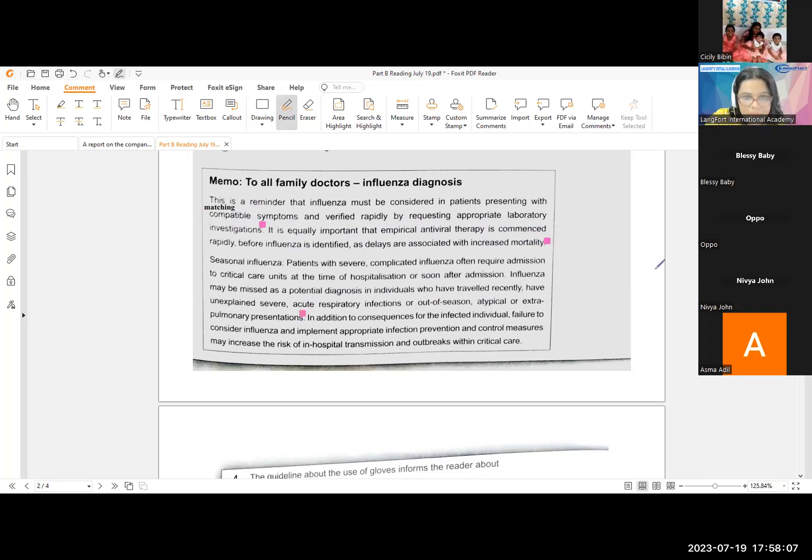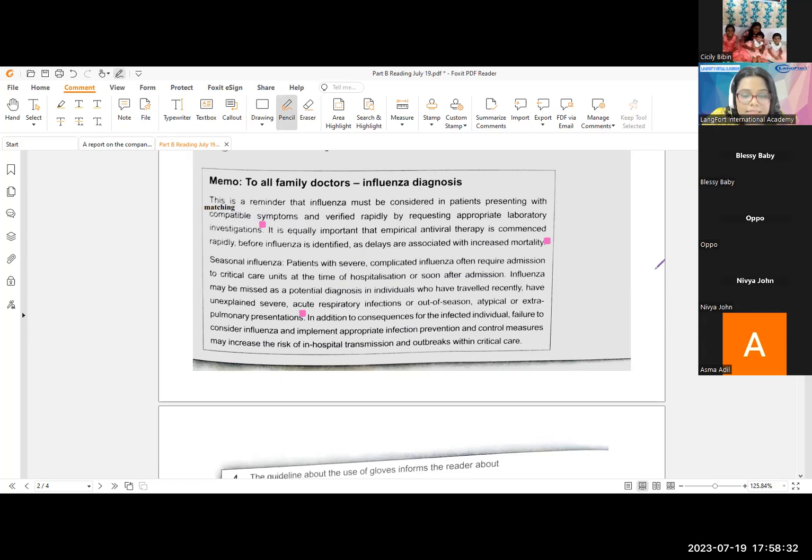Seasonal influenza. Patients with severe complicated influenza often require admission to critical care units at the time of hospitalization or soon after admission. Influenza may be missed as a potential diagnosis in individuals who have traveled recently, have unexplained severe acute respiratory infections, or out of season, atypical or extrapulmonary presentations.